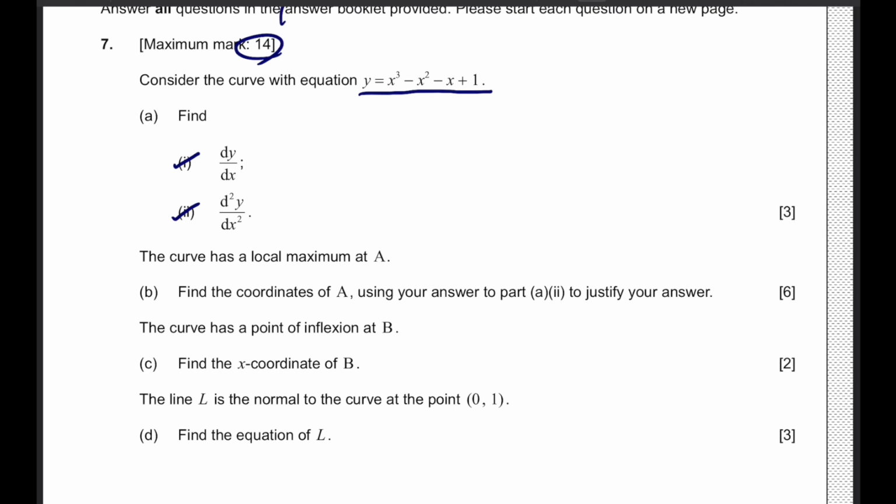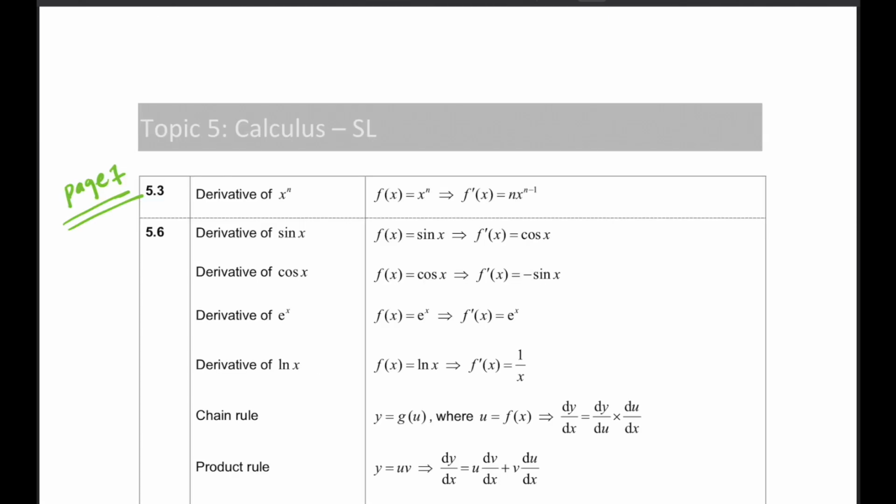To solve this, we use the rule where f of x equals x to the power of n, and when we differentiate it, this is the same as n times x to the power of n minus 1. You can also find this formula in the formula booklet, page 7, under section 5.3. So let's use this formula to solve this question.